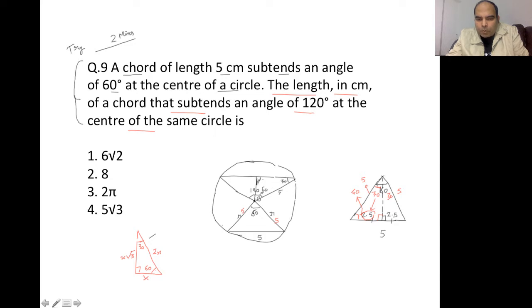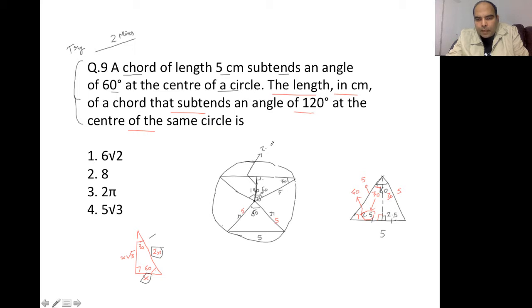So the side opposite 30 will be half the hypotenuse based on this logic, 2x and x. If you know the side opposite 30 as x, we find the hypotenuse is 2x. If we know the hypotenuse is 2x, we can find the side opposite 30 as x. So the side opposite 30, this side, would be 2.5.